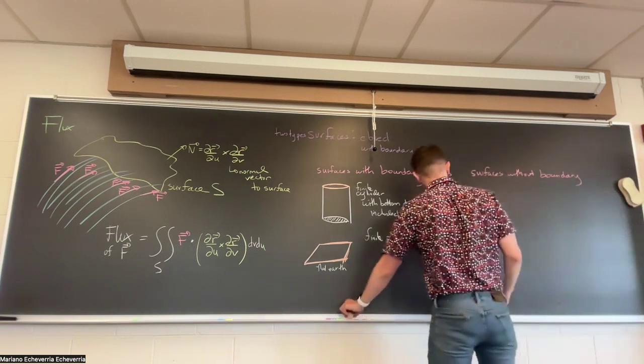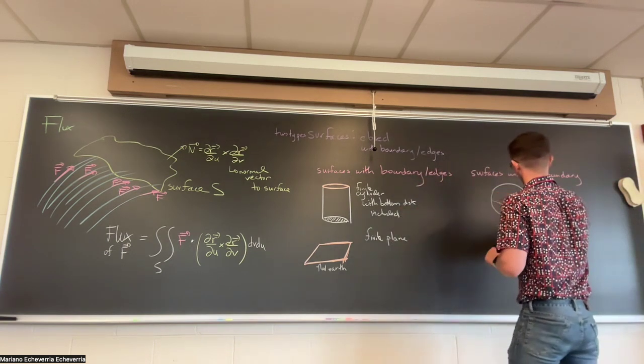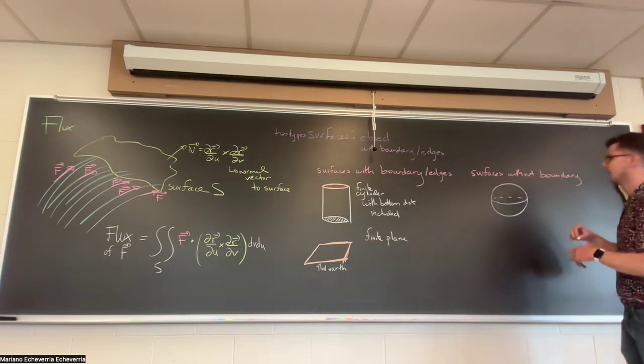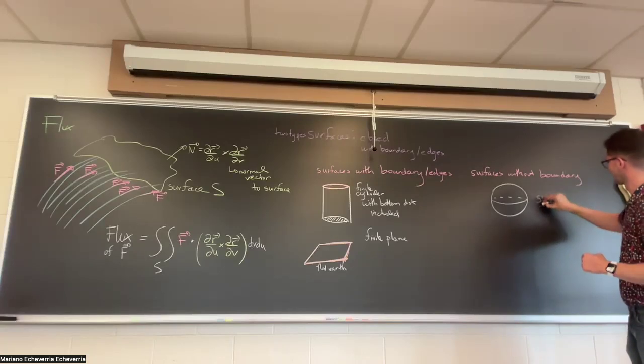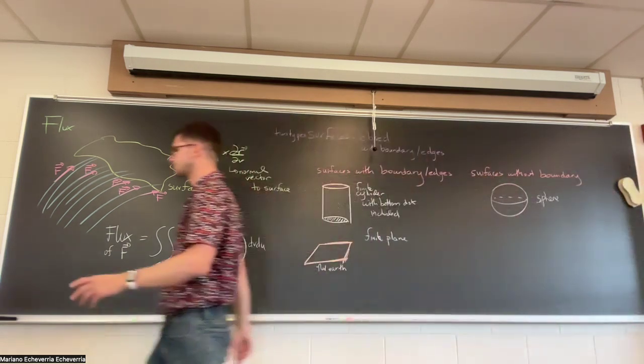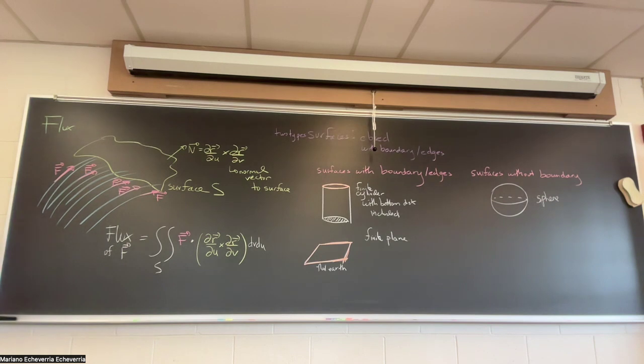The entire sphere has no boundary. If you walk on the surface of the sphere, there's really no place where you reach the end. That's the idea of having no boundary: there's no place where you say, if I keep walking, I reach into the void. With a sphere, you don't have that problem.